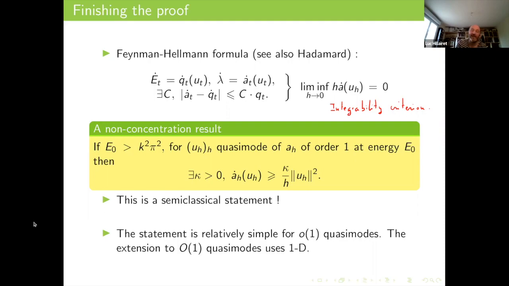Here you have to work a bit in order to improve from small o of 1 quasi-modes to big O of 1 quasi-modes. There we really use that we are dealing with 1D Schrödinger operators, where we can use, for instance, Airy approximations near the turning point and things like that.